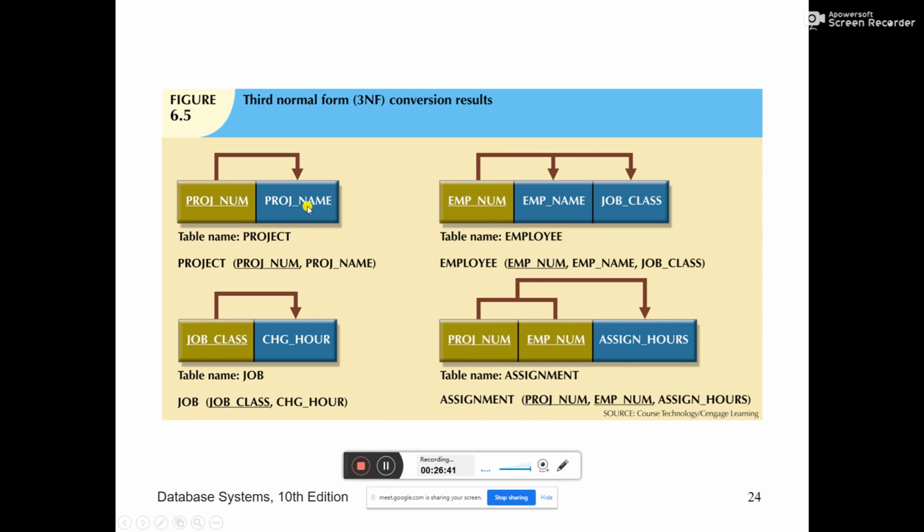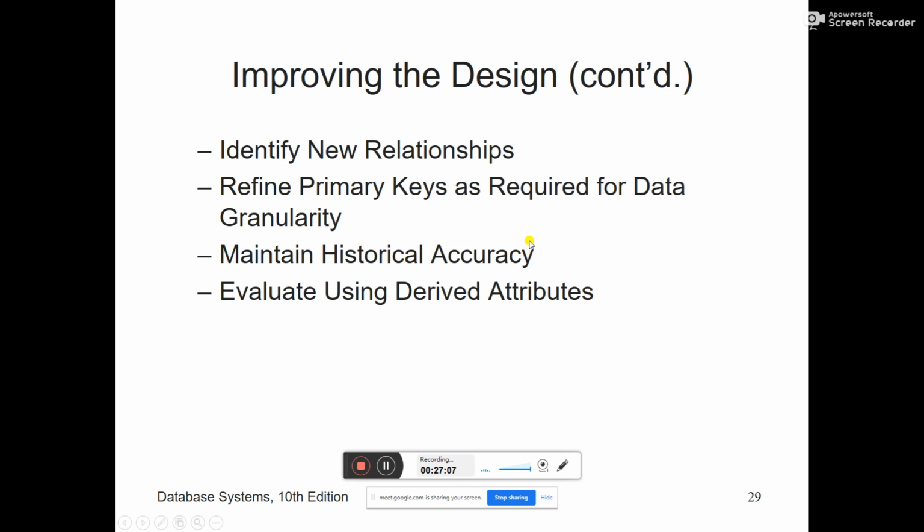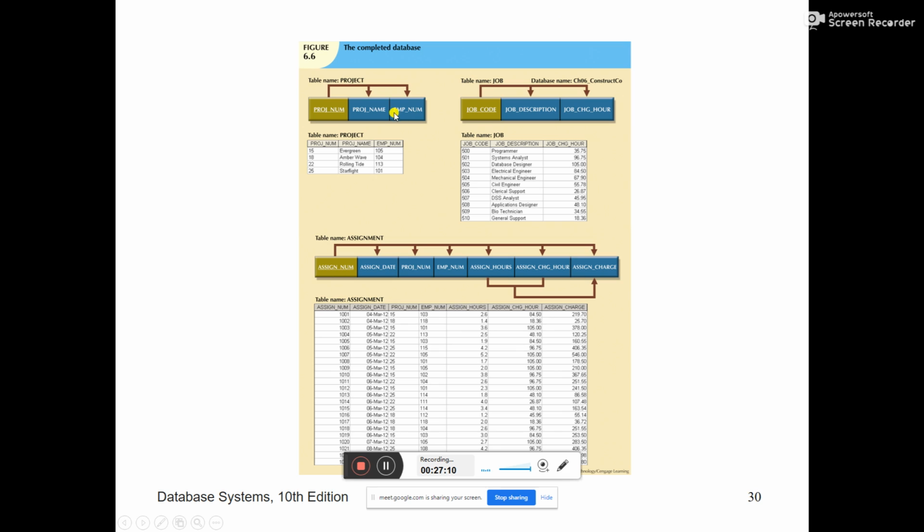If we create a relationship between employee and project, that is, an employee manages a project. So employee num can be added as a foreign key in the project table to show the relationship between the project table and the employee table. So this is what we did when we improved the design. Here employee num is added in the project table as a foreign key to show the relationship between employee and project.